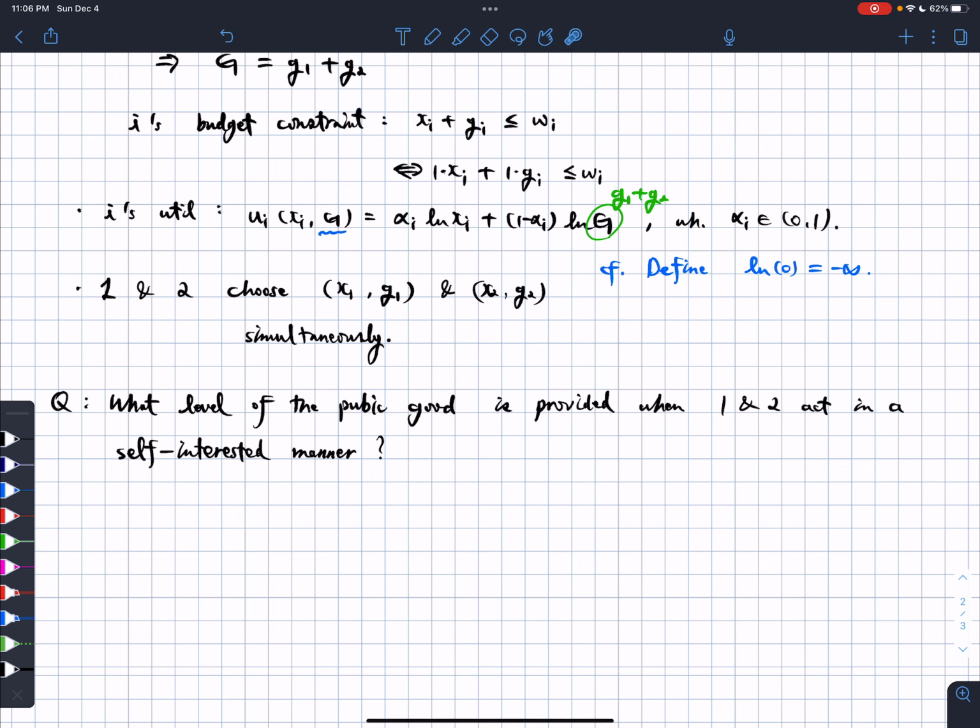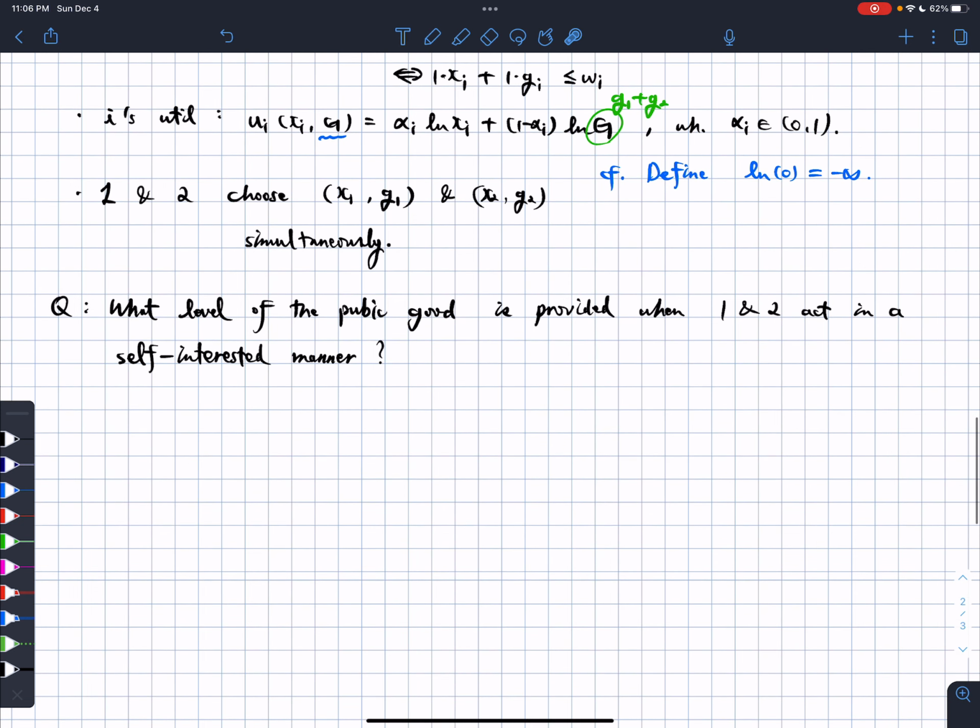Okay. So now let me try to answer this question. So we will eventually, although I didn't put it exactly in this statement of the question, what we are asking is basically what is the level of Nash equilibrium when the two players act in a self-interested manner.